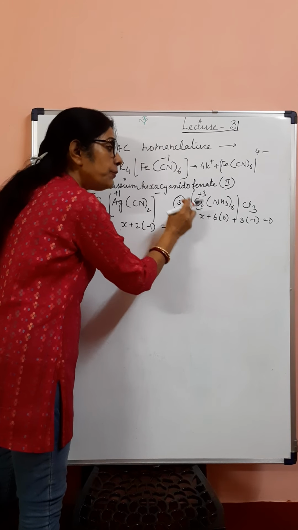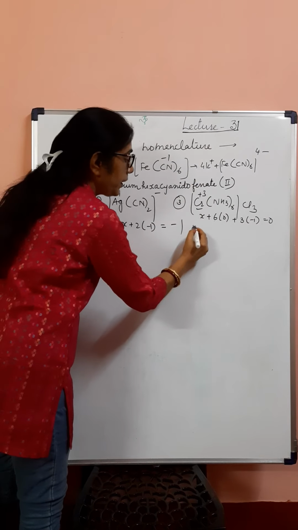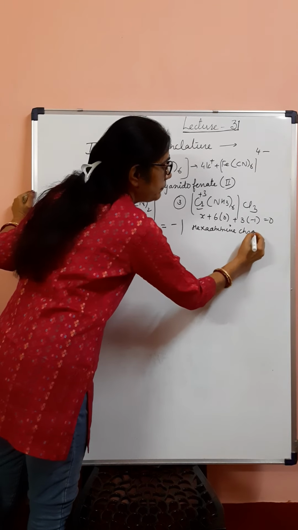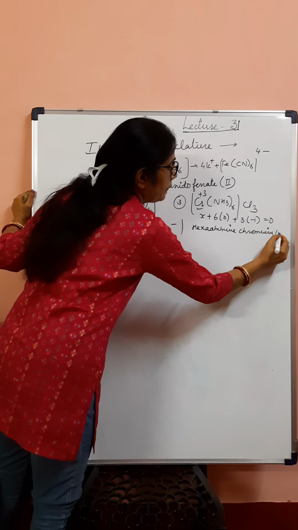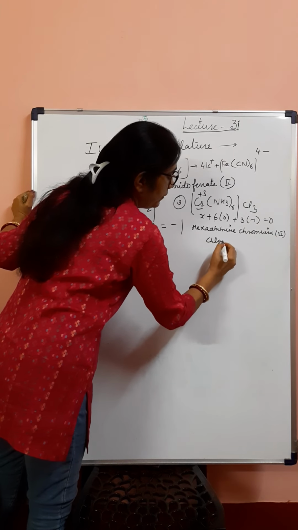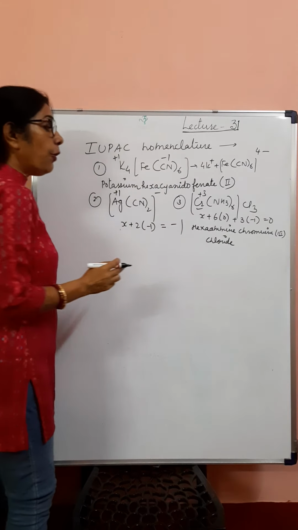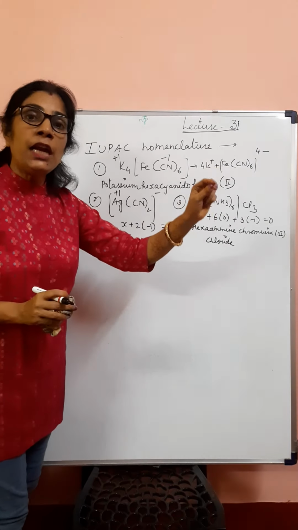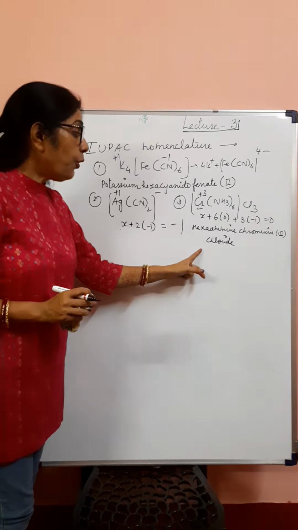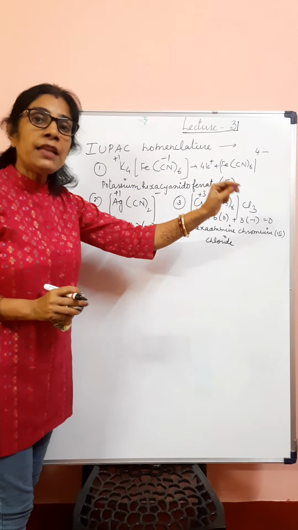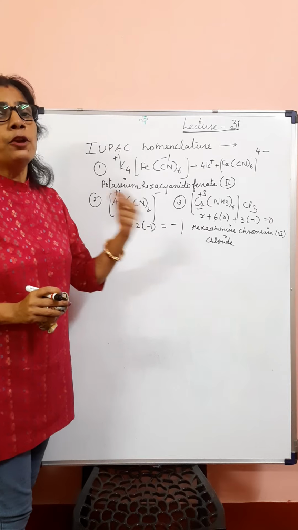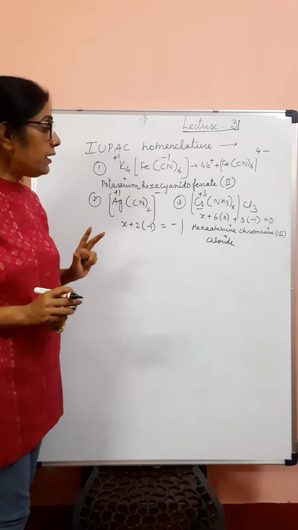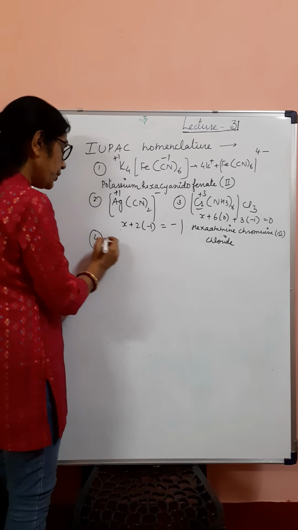Hexaaminechromium(III) chloride. After the oxidation state, then the counter ion should be written. And same thing here also, whether 1, 2 or 3 ions are there, we are not going to represent the number of ions, rather we are going to write only the counter ion, chloride, bromide, sulfate, nitrate, whosoever is present outside the bracket.